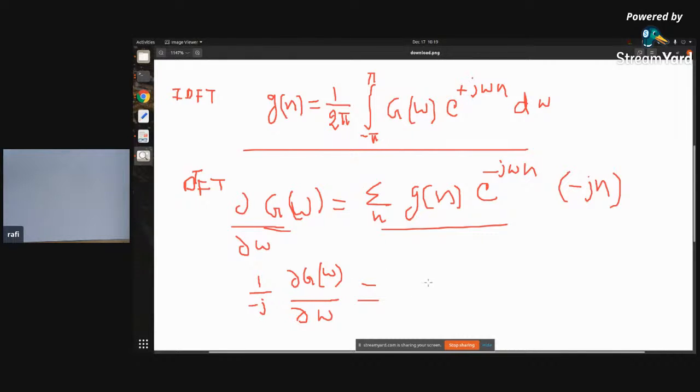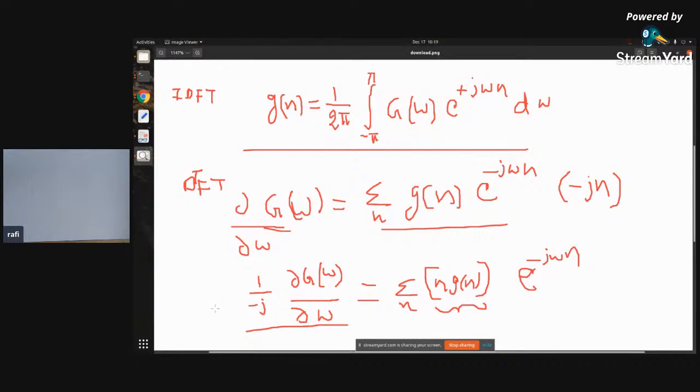This will be equal to summation over n of n into g of n, combined with e power minus j omega n. So this is nothing but the DTFT of n into g of n.